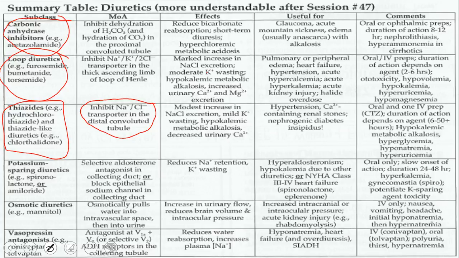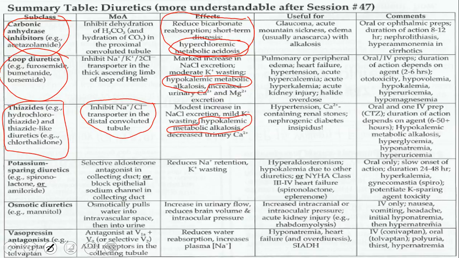So far, notice that carbonic anhydrase inhibitors had the hyperchloremic metabolic acidosis, whereas the loop diuretics had hypokalemic metabolic alkalosis. And now if you look down here, you'll also see a similar situation with the hypokalemic metabolic alkalosis.